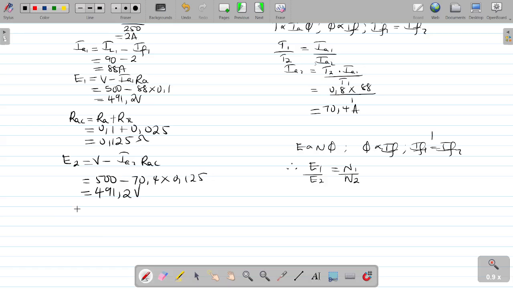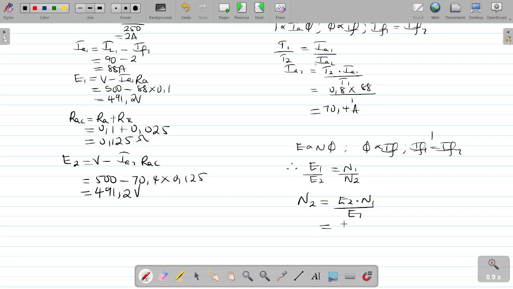Just because you're getting the same value as E1 doesn't mean you always get the same value for E1. Now that you found your E2, you're looking for N2. We'll make N2 the subject. You cross multiply, it's going to be E2 times N1 over E1.